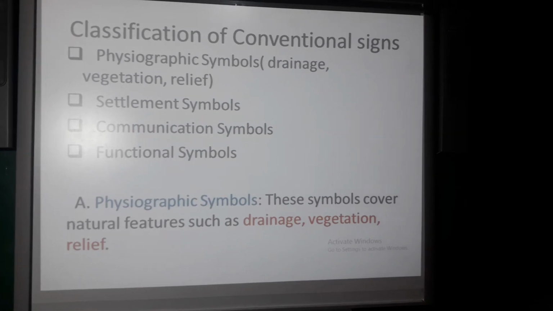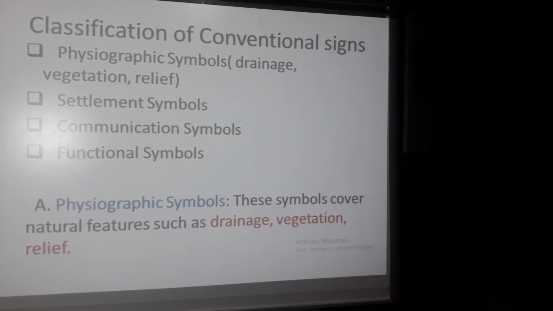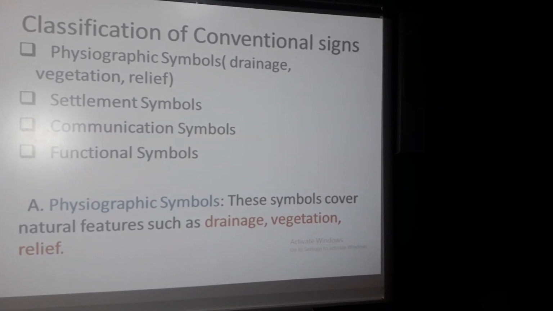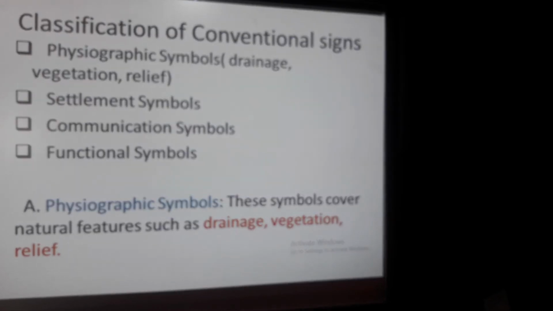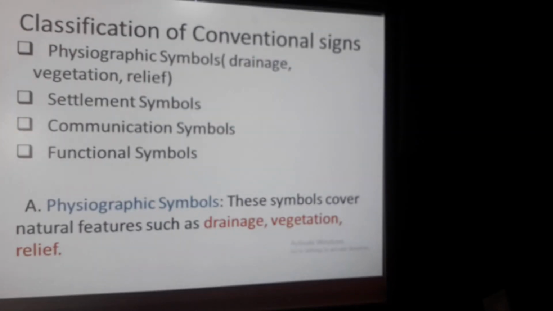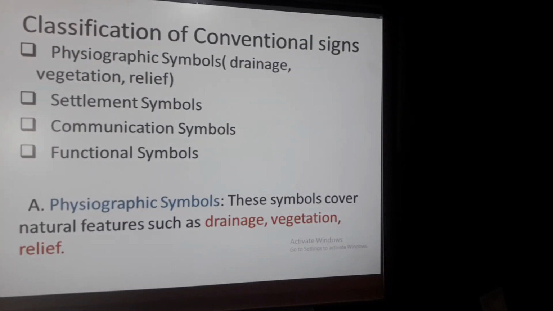There are classifications of conventional signs or symbols, and the following are the classifications. 1. We have physiographic symbols, and the physiographic symbols indicate drainage features, relief features, and vegetation features.